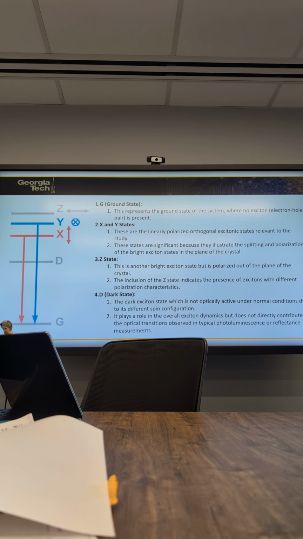The dark state is forbidden from absorbing light because of the combination of the plus and minus 1/2 spins of the electrons and holes. And then I looked at it as singlet, triplet stuff. Okay.